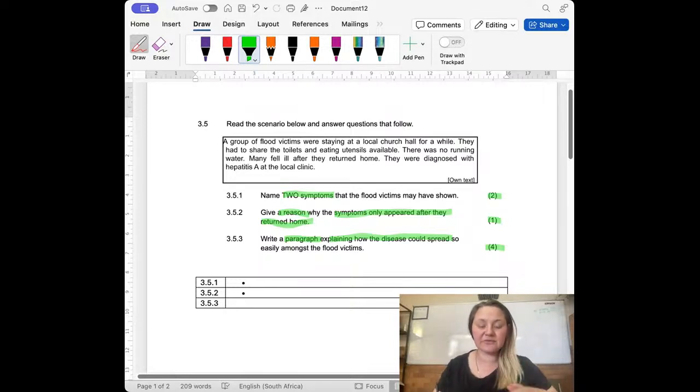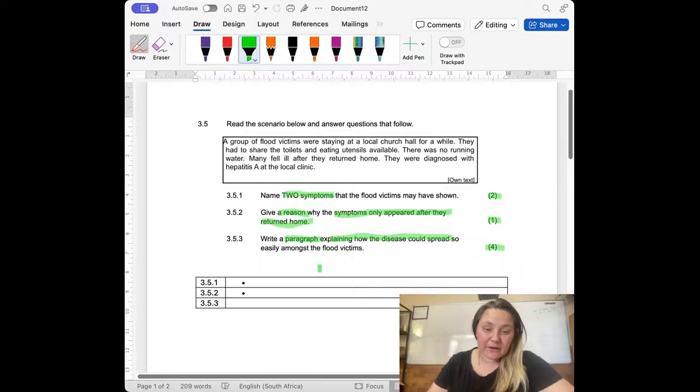Your sentences have to follow each other. So where one stops, the next sentence needs to start. And if they're giving us 4 marks in this question, it means that they're going to award 1 mark per way of or explanation of how the disease spread. Right, so it's going to be 1 mark per fact.